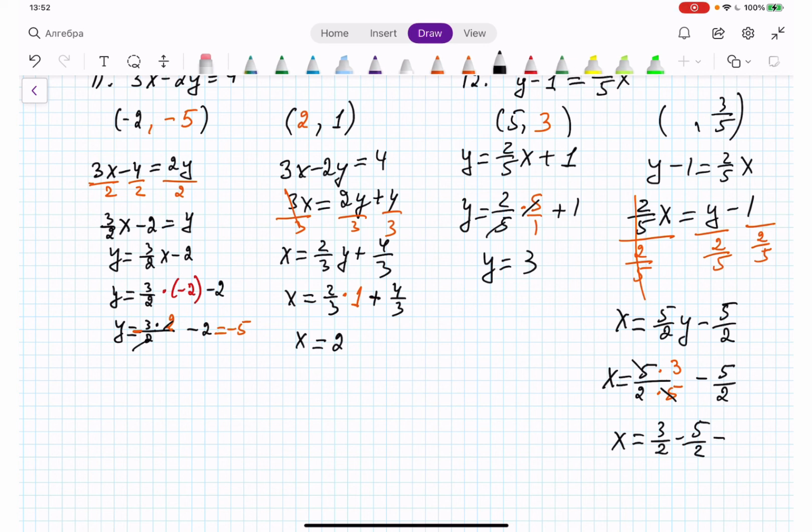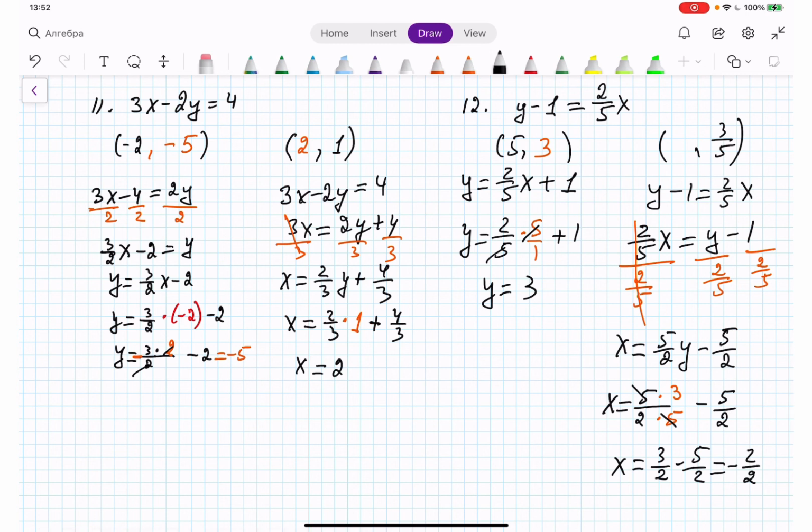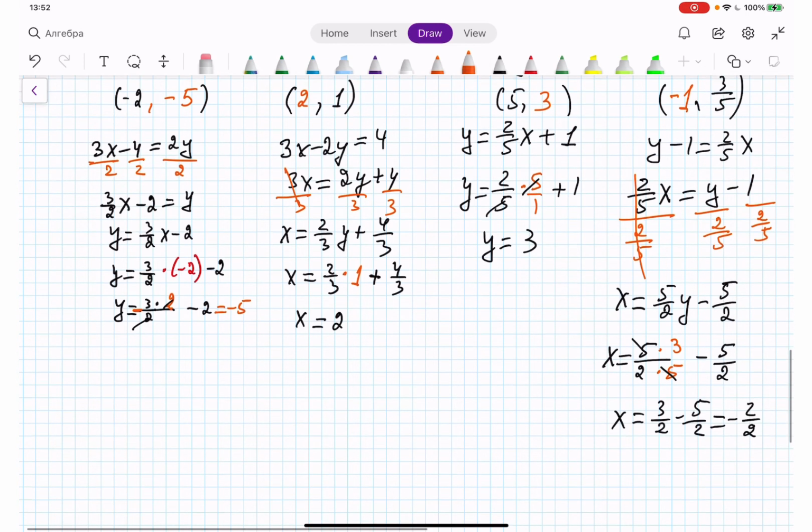It's going to be negative 2 over 2, which is negative 1, right? Okay, we are done.